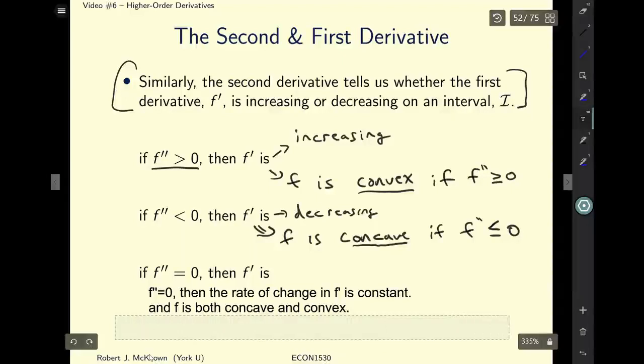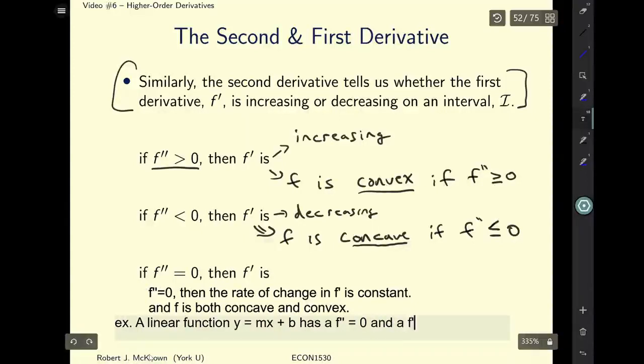Maybe I'll just add an example: a linear function y equals mx plus b has an f double prime equal to 0 and an f prime equal to m. And so a linear function is both convex and concave.